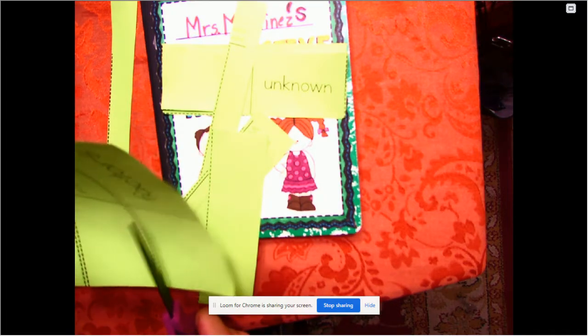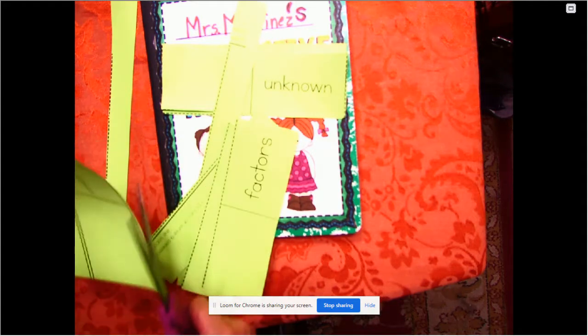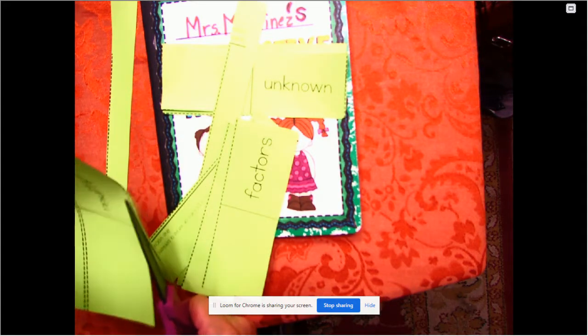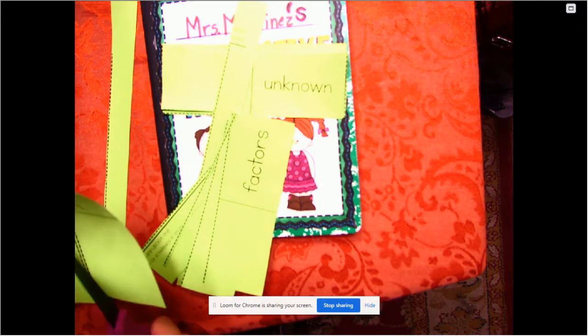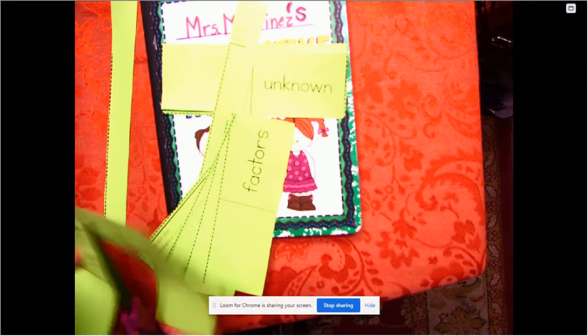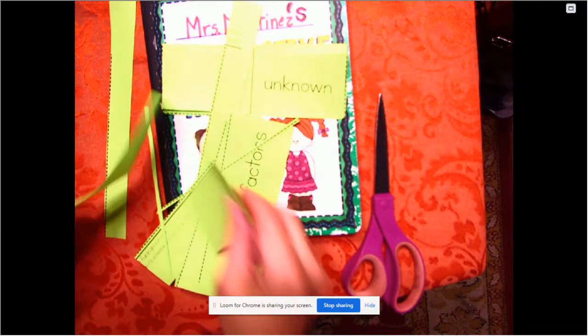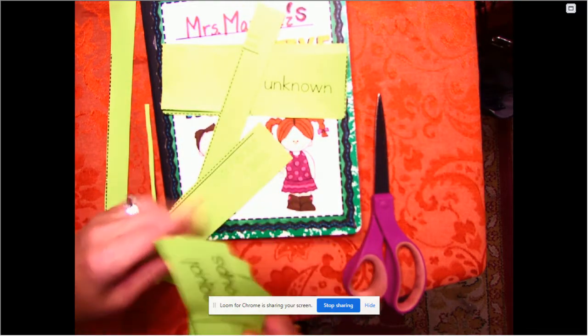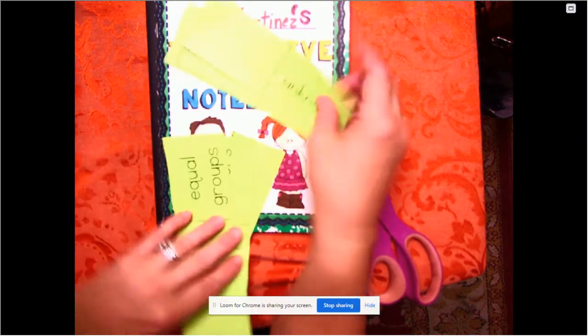And we're going to be writing some definitions or an explanation and maybe some examples on some of them too. Kind of cutting a little bit fast. I should probably slow down a little bit. Okay, so now I've got these 3 cut out and these 3 cut out.